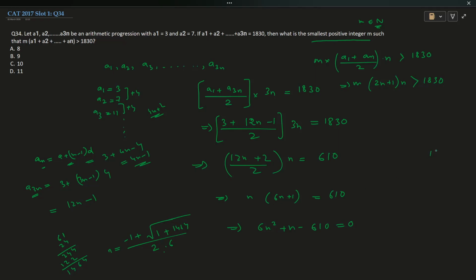So this will become 1 plus 4 into 6 into 61, 4 into 6 is 24, into 61, 1464, right? So this will become 1465.